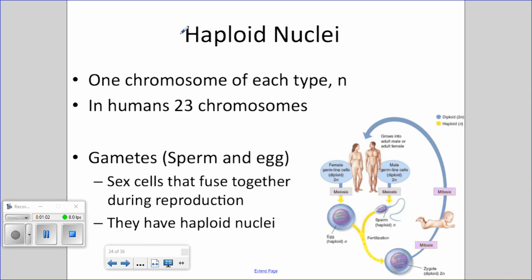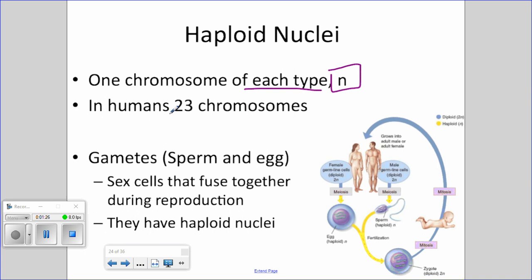Haploid nuclei will contain one chromosome of each type. Remember, a typical nucleus will contain two chromosomes of each type, so a haploid nucleus will typically contain half the number of chromosomes, but they'll have one chromosome of each type. And we represent that as N.